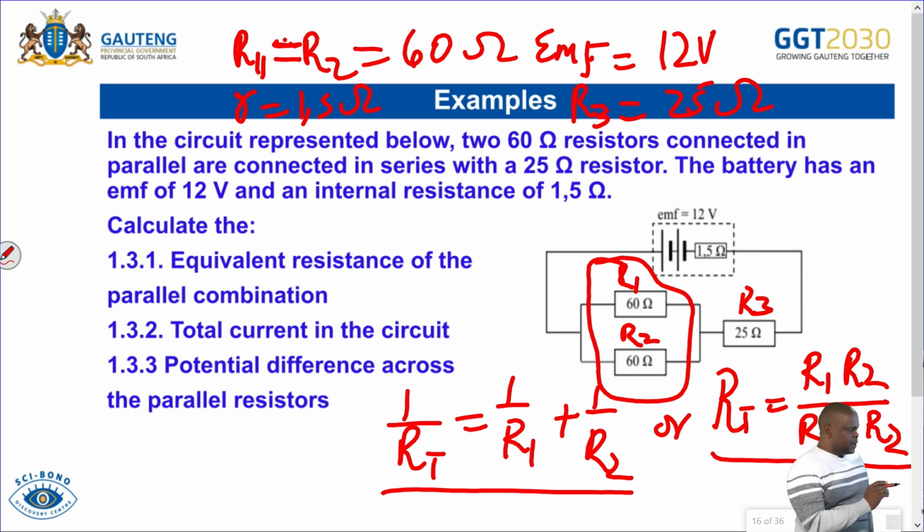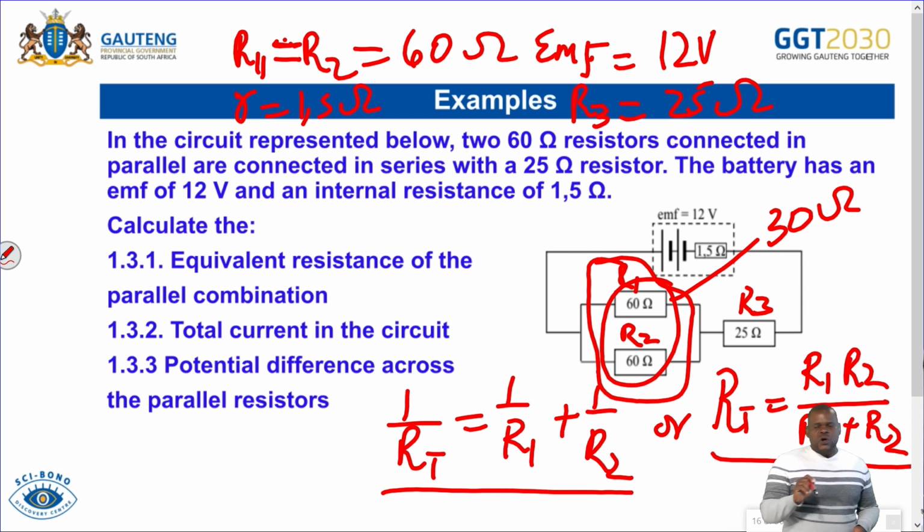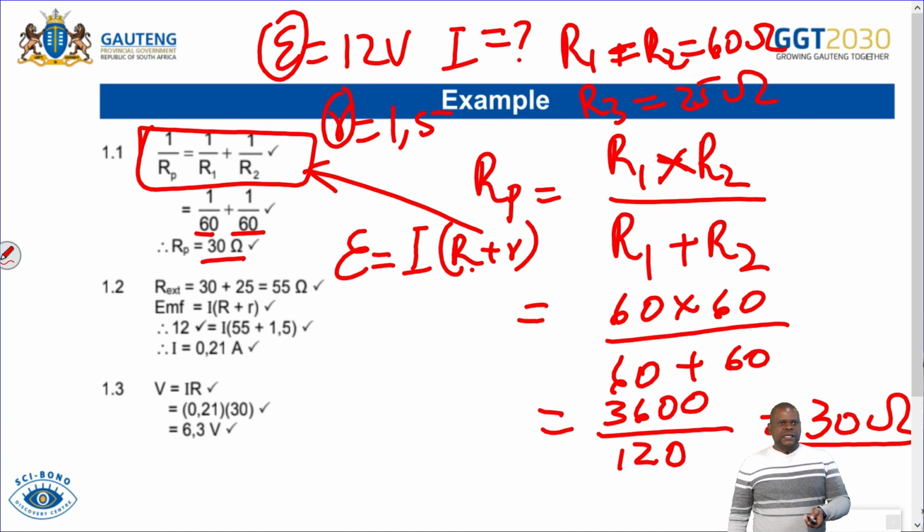Now we know that this combination here, when we calculated it, gives us 30 ohms, isn't it? We know that when we calculate the equivalent resistance of resistors that are connected in series, we need to add them. Are we together? We need to add them.